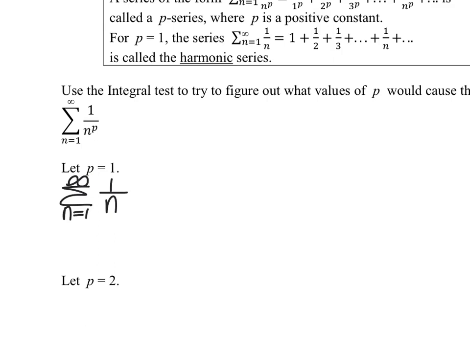Instead of defining it as an integral from 1 to infinity, we can jump to the limit as a approaches infinity of the integral from 1 to a of 1 over x dx.